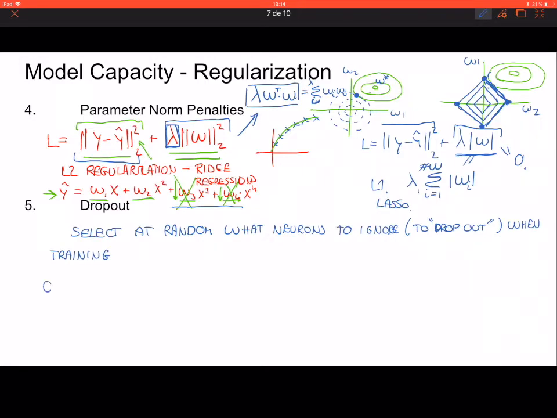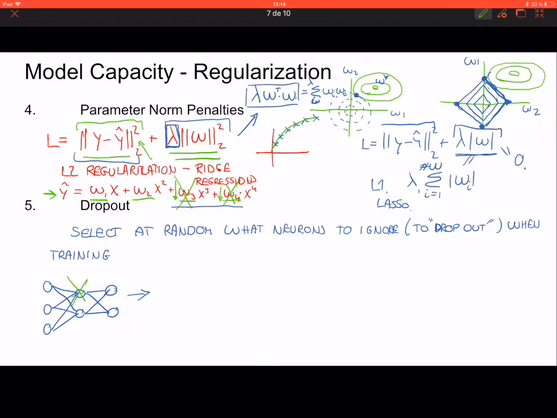So perhaps you have a neural network like this. So we have these connections here, like so. And then we have 2 output neurons as well. So something like this. And eventually we decide that at a particular time step, a particular iteration, we are not going to use this neuron.